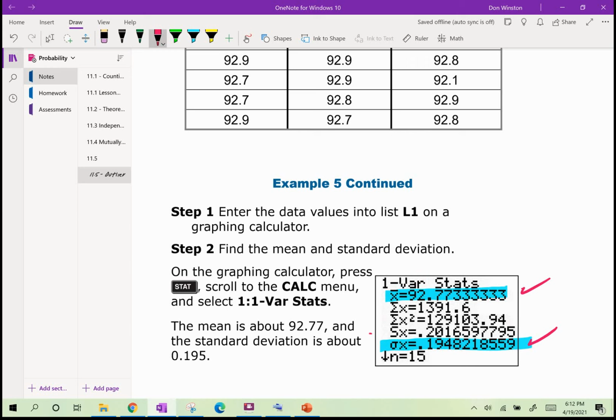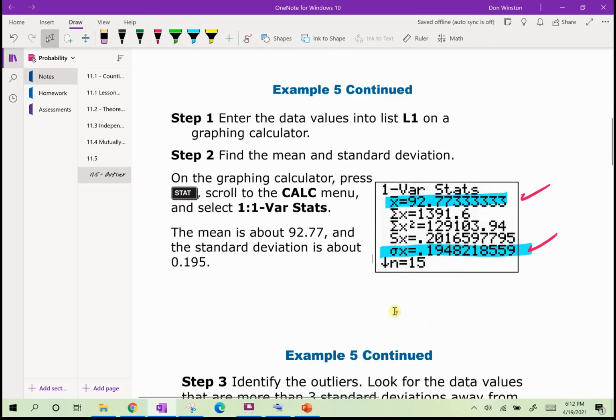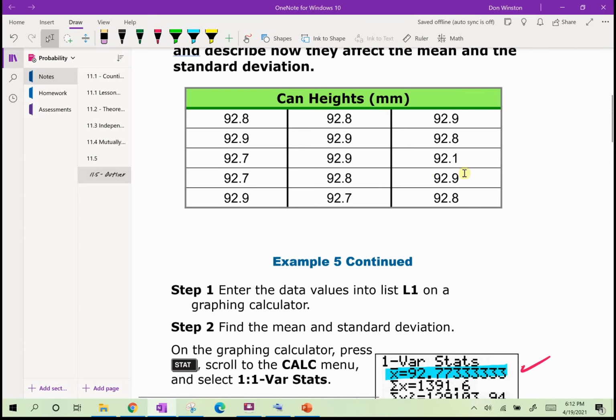And again, ignore the sample standard deviation. We don't use that in Algebra 2. All right, so we have our mean and we have our standard deviation. Now let's determine if any of these values represent outliers, which would be more than 3 standard deviations from the mean.